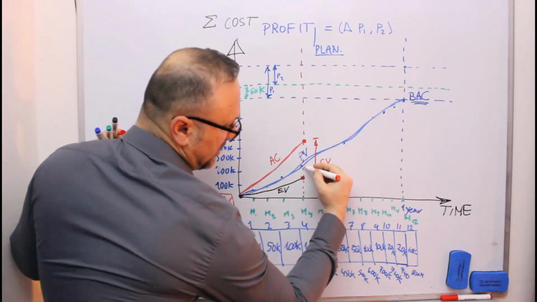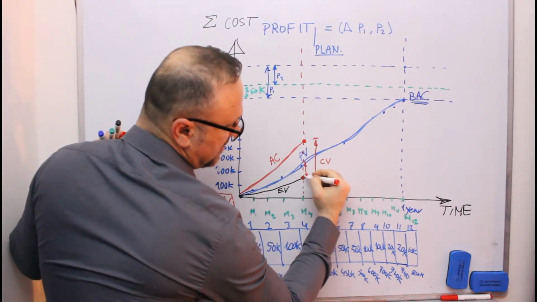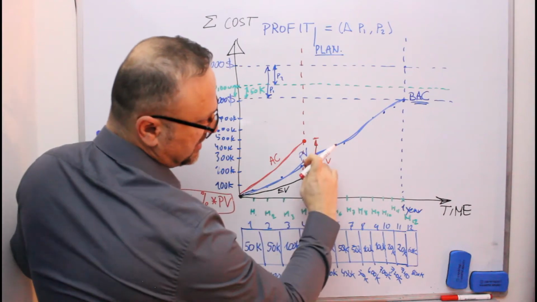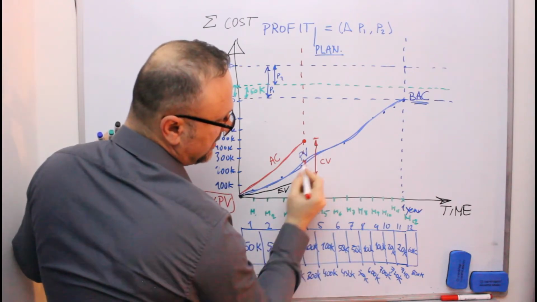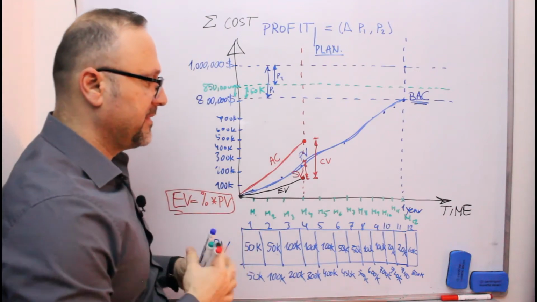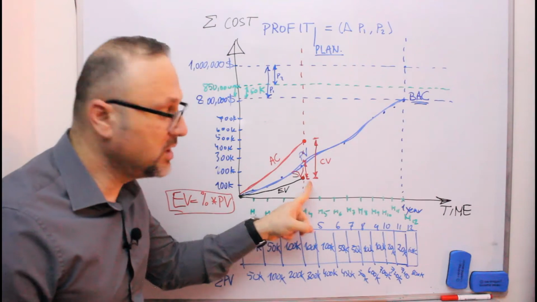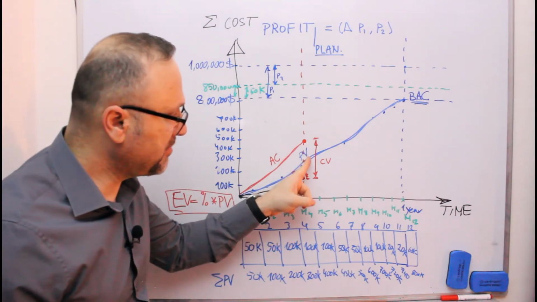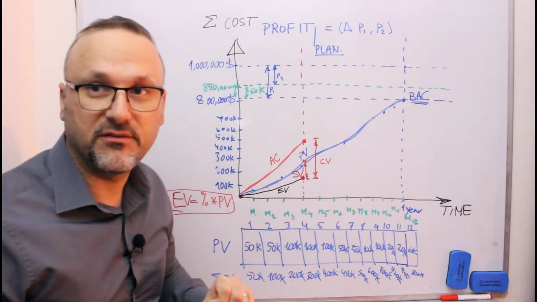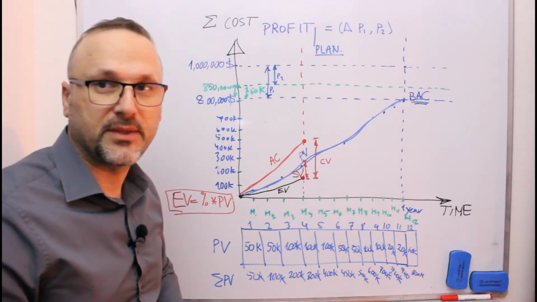While over here, from the plan, I am losing a value, and this is called the schedule variance. The cost variance is the actual cost minus the earned value, while the schedule variance is the planned value minus the earned value. We will come to details in the next episodes.